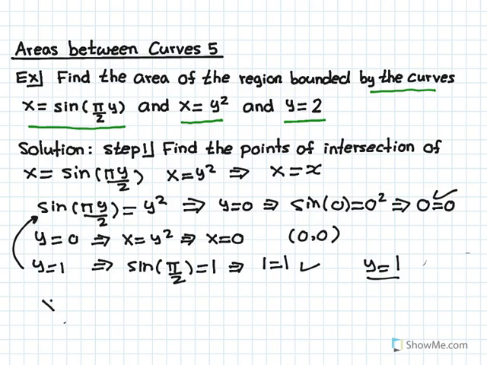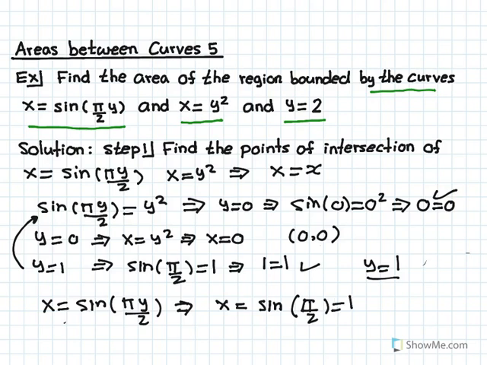So let's plug it into x equals sine of pi y over 2, and we get x is equal to sine of pi over 2, which is 1. So we have another point of intersection, (1, 1). Just to summarize, (1, 1) and (0, 0) are the points of intersection of x equals sine of pi y over 2 and x equals y squared.